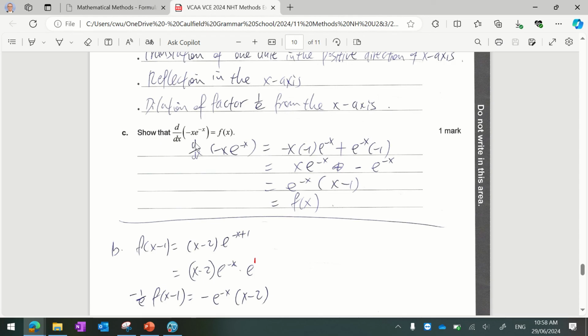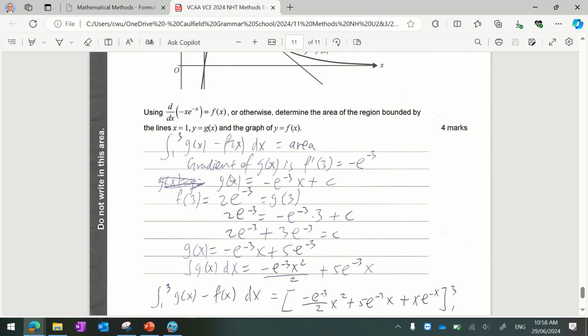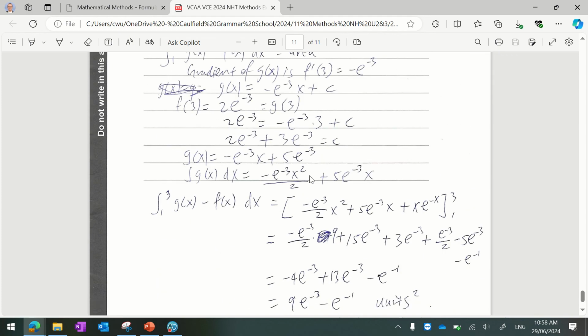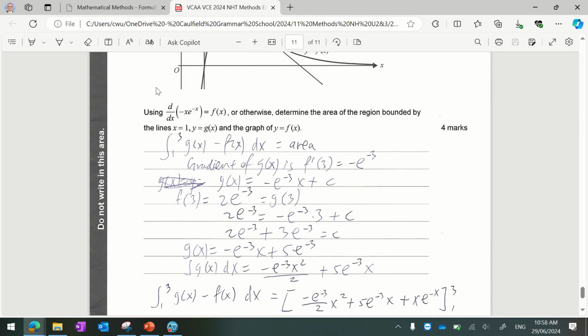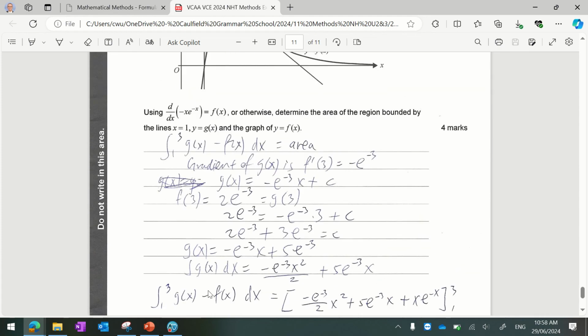It is just to give us a hint, because if you differentiate this thing to give f, and you antidifferentiate f, you get negative x e to the power of negative x. So I can antidifferentiate f, but I don't really do it manually. The question tells me the answer, so I just do that. But it's a minus, so there's a minus here. So I need to change it into a plus.